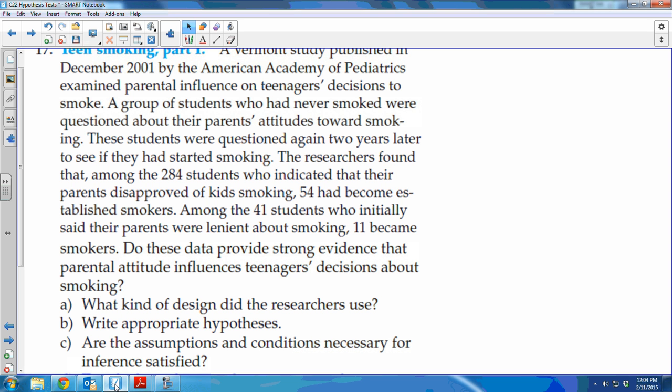So we assume that the 284 students who indicated their parents were disapproving of smoking is a good representation of all kids whose parents disapprove of smoking. And we assume that the 54 students whose parents were lenient about smoking are a good representation of kids whose parents are lenient about smoking. Make sure you're writing these things. I'm not saying this for fun. I know it's a lot to write. I get it.